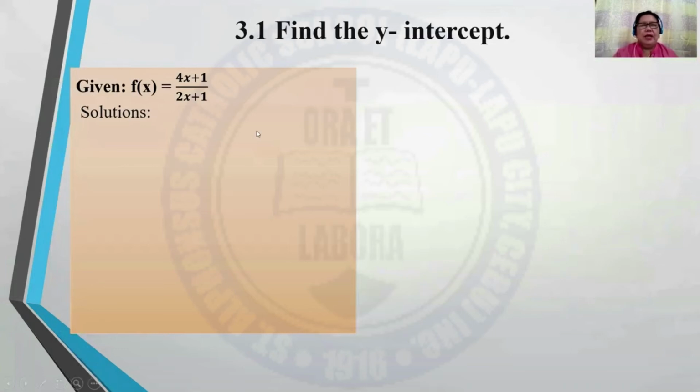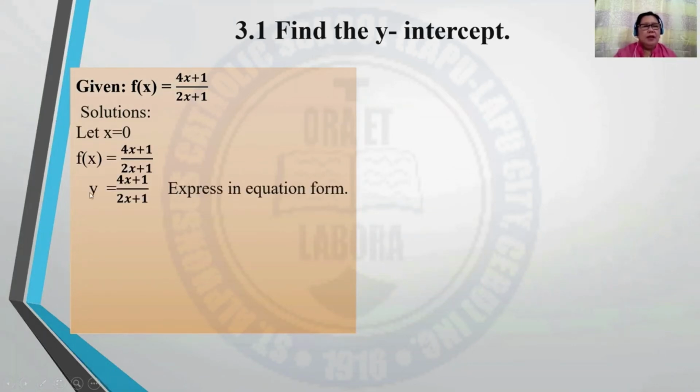Next, find the y-intercept. So again, we have to let x is equal to 0. And you express f of x into y form. Change x into 0 and also the other one. Then, 4 times 0 is 0 plus 1 is 1. 2 times 0 is 0 plus 1 is 1.